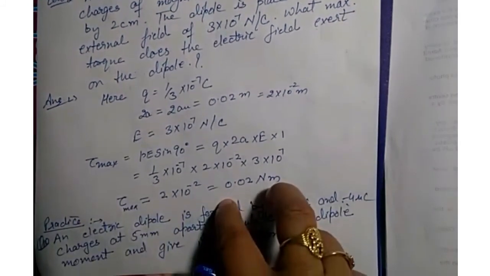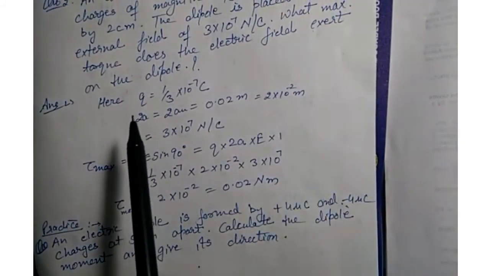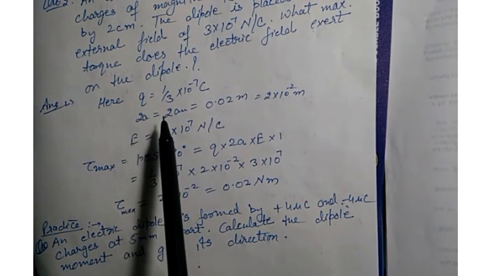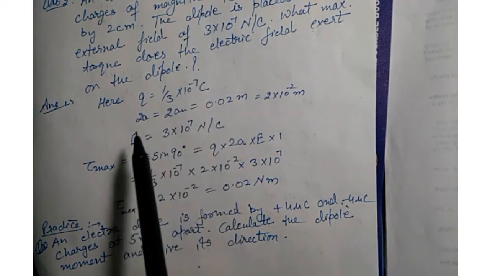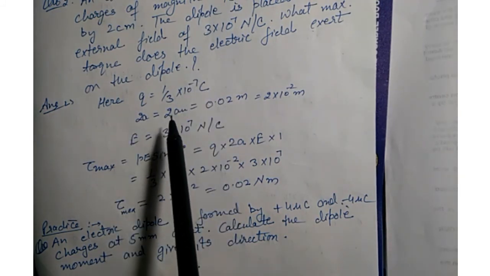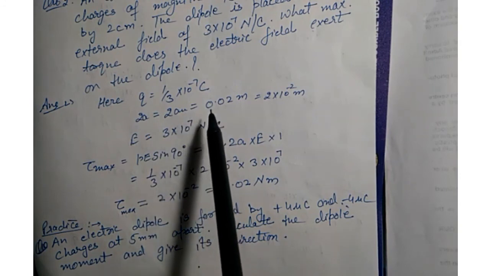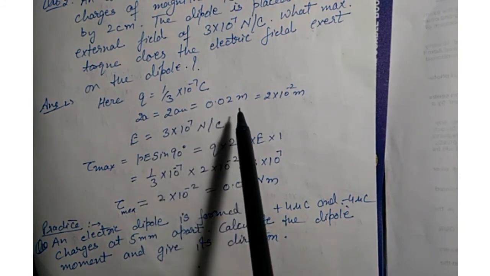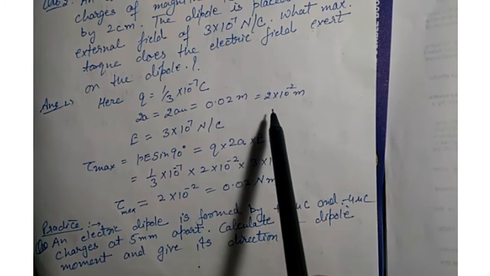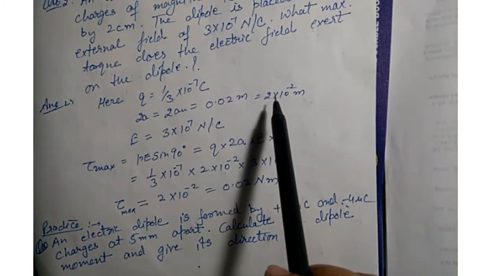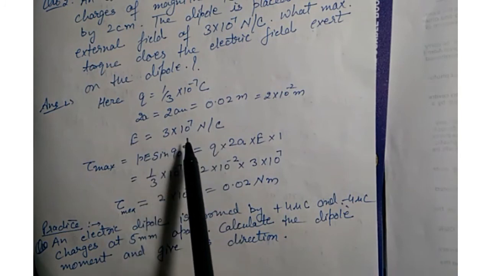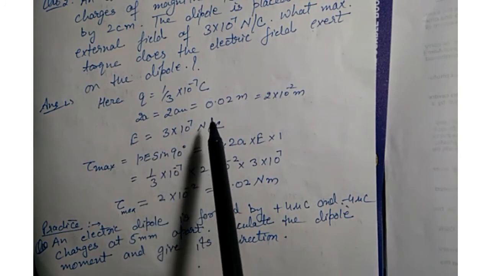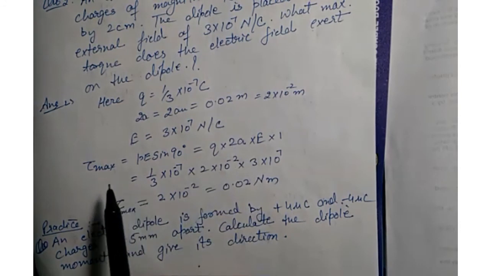Here, the given quantities are: charge Q is 1 by 3 into 10 raised to power minus 7 coulomb, separation is 2 centimeter, that is 0.02 meter or 2 into 10 raised to power minus 2 meter, and the field is 3 into 10 raised to power 7 Newton per coulomb.